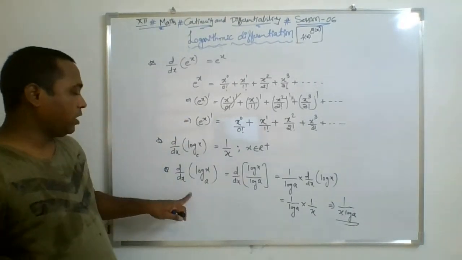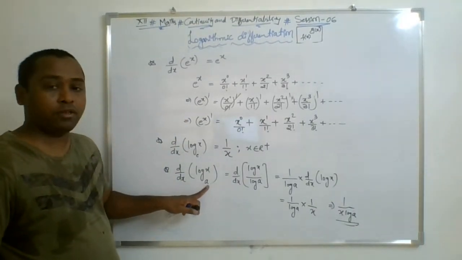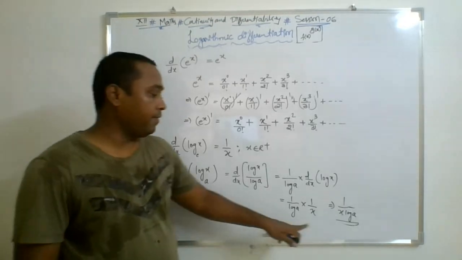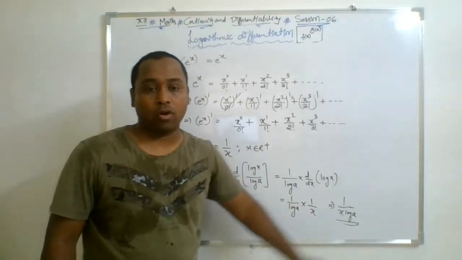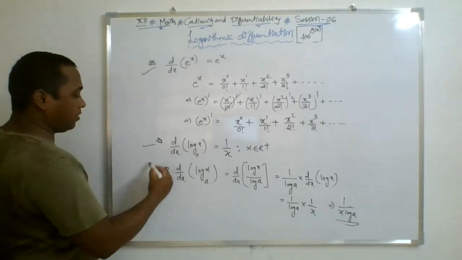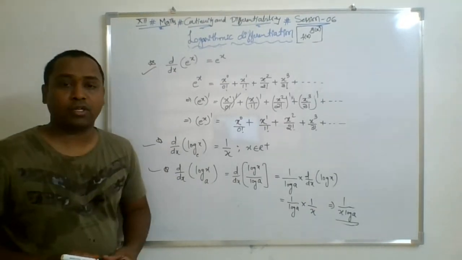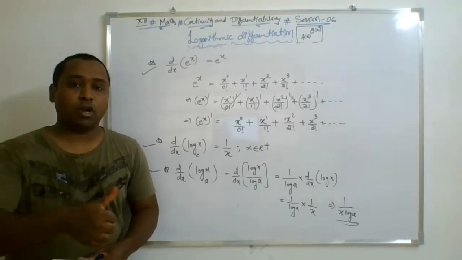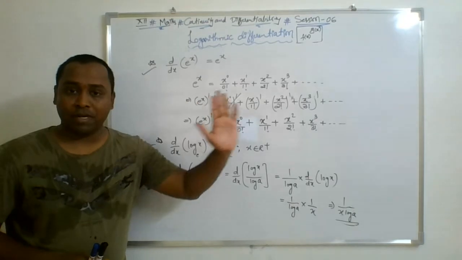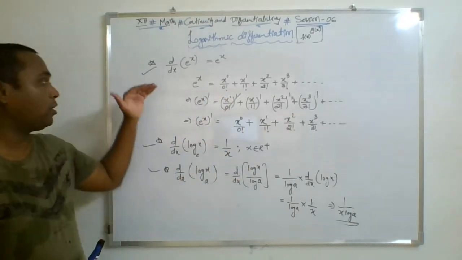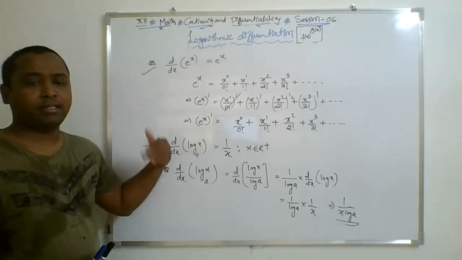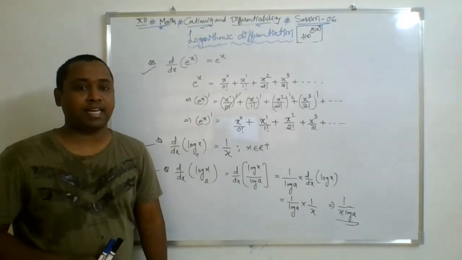If the function is log x with a base different from e, then the derivative is 1 by x into log a. So you just need to remember these three formulas related to derivatives, along with the properties of logarithm. If you remember the properties of logarithm, the derivative of e power x, and of log x base e and log x base a, then it is very easy to complete the exercise.